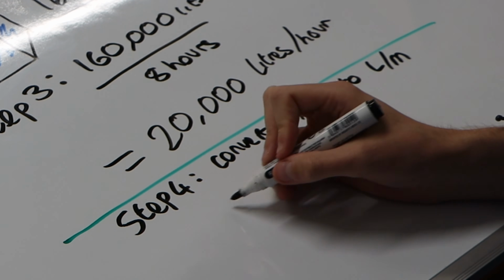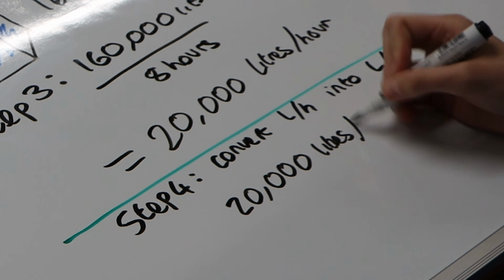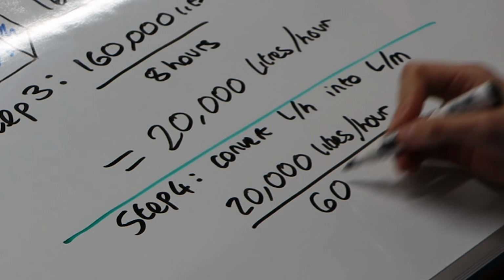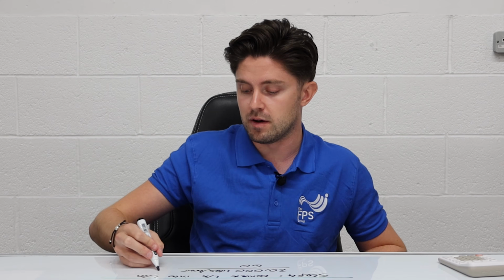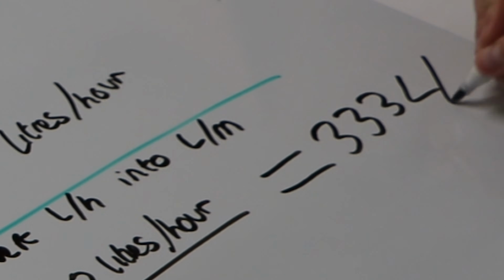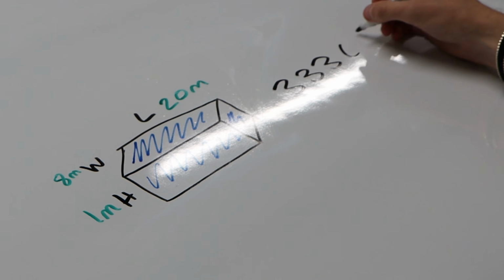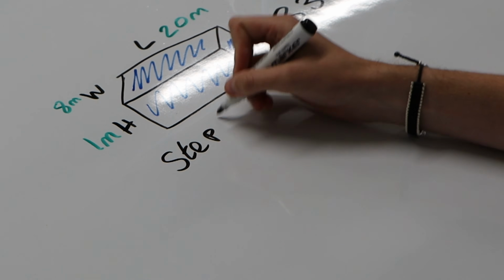So we take our 20,000 litres per hour and we divide by 60 because that's the number of minutes in an hour, which gives us an answer of 333 litres per minute. So from our step 4, we had a figure of 333 litres per minute, which means we can move on to step 5, which is choosing the pump.